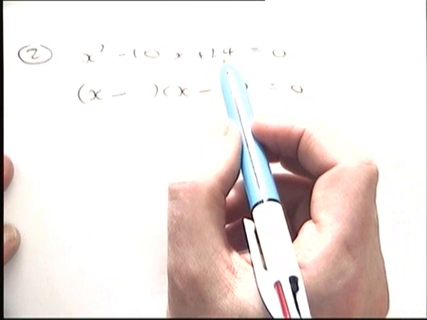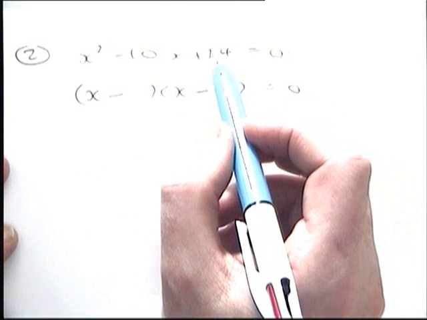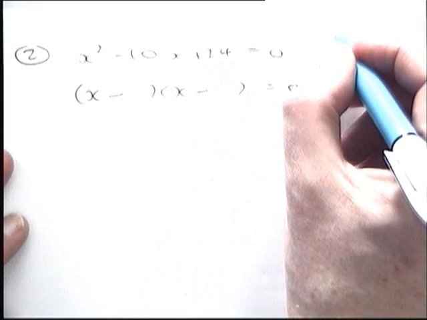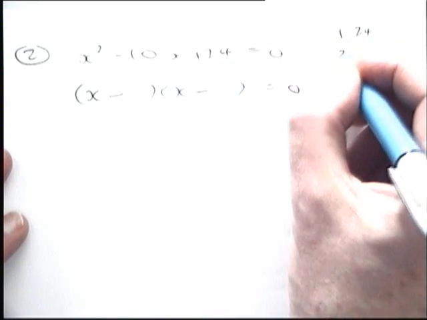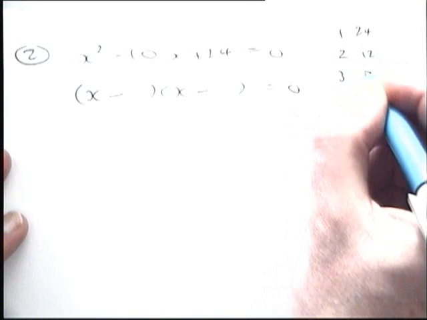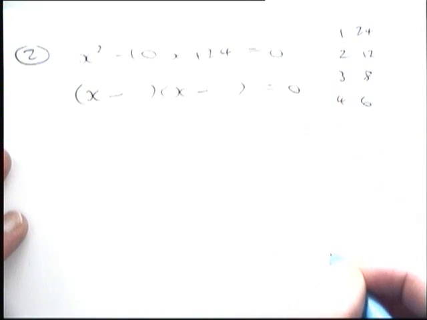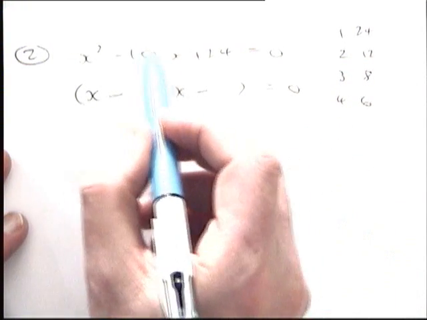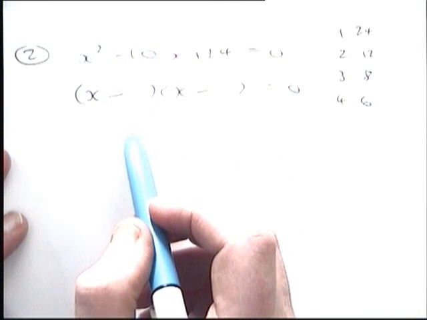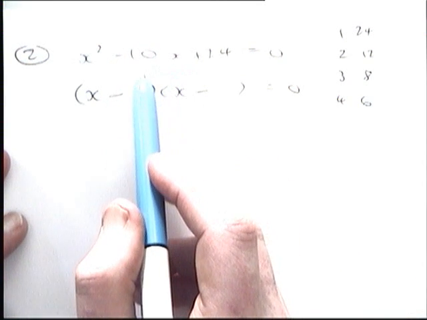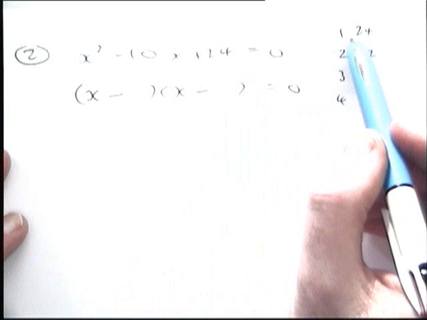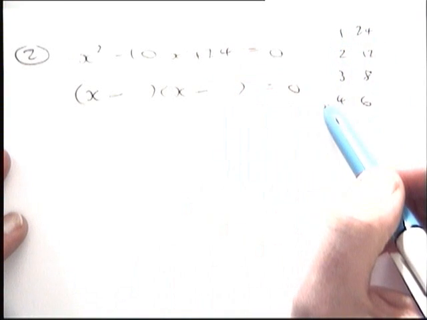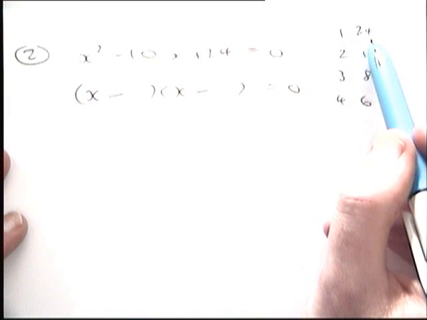Now I'm looking for numbers that times together to get 24. So that could be 1 and 24, 2 and 12, 3 and 8, 4 and 6. But I'm looking that I can combine them by adding or taking to get 10. If I add or take those two, I can't get 10, I can get 23 or 25.